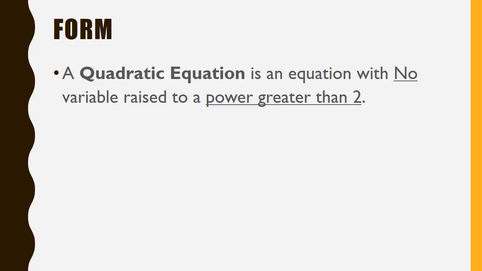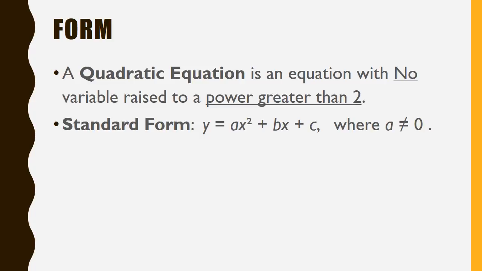That means that the highest power in the quadratic equation has to be 2. And the standard form for the quadratic equation is y equals ax squared plus bx plus c, where a is not 0 and a, b, c are real numbers.